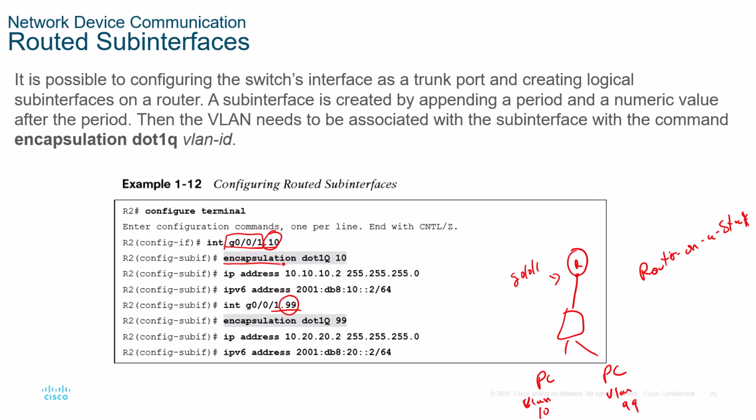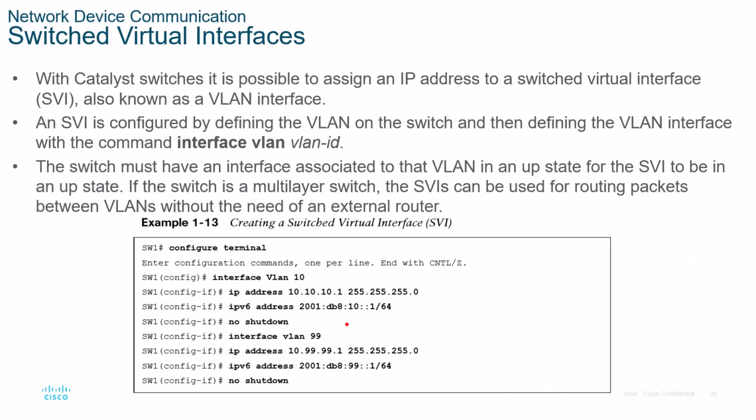Then we need to actually say what VLAN they're attached to. Encapsulation dot1q 10. This says you're encapsulating using the 802.1Q standard, and you're in that VLAN. That one's VLAN 99. And then you would treat it like a regular interface. Assign an IP address or assign an IPv6 address, and you are good to go. You should turn back on the interfaces.